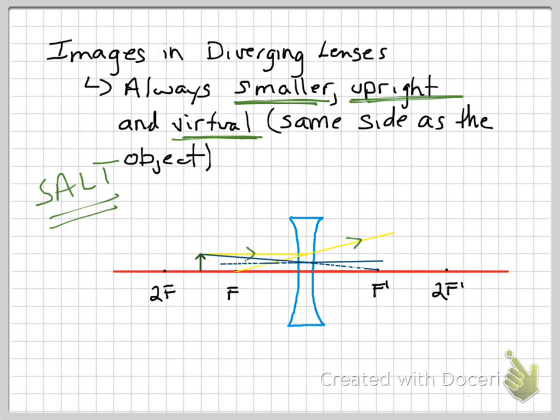So I'll just take that circle away. I'm going to draw my arrow right here. That arrow is virtual. It is upright. And it is smaller. When I'm looking for the image, I am looking from this side.